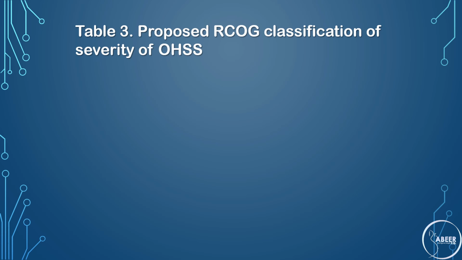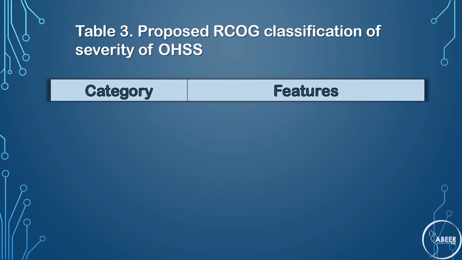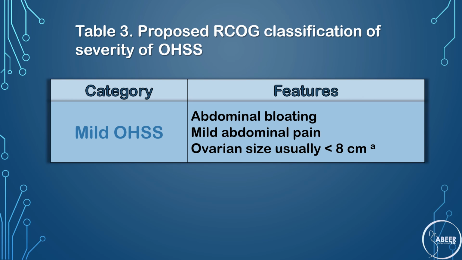Table number 3. Proposed RCOG classification of severity of ovarian hyperstimulation syndrome. Category: mild ovarian hyperstimulation syndrome. Features: abdominal bloating, mild abdominal pain, and ovarian size usually less than 8 centimeters.